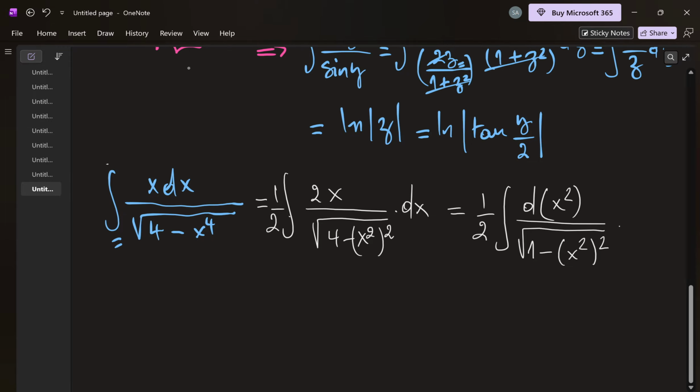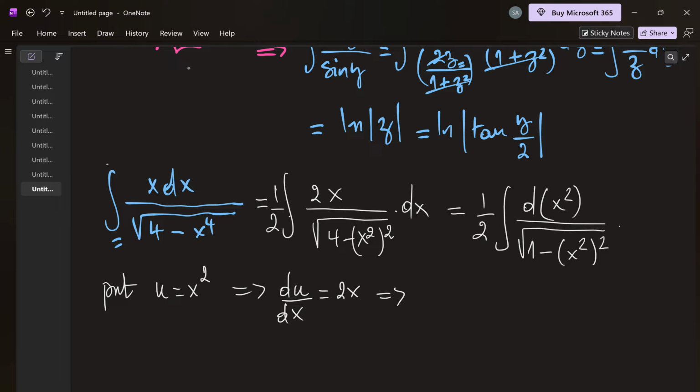Now it is very clear what change of variable we must do. So put u equal simply to x to the power 2. This means that the differential of u over dx is equal to 2x, and this follows that du is equal to 2x times dx.